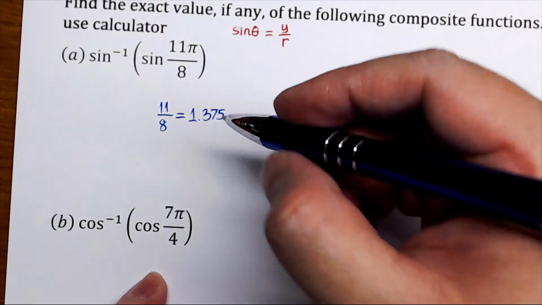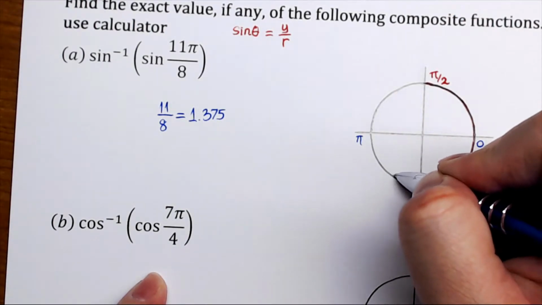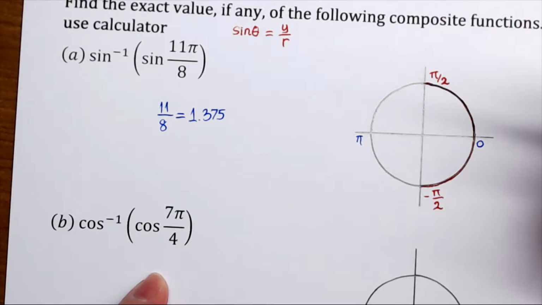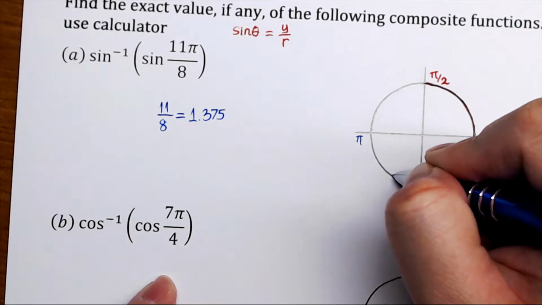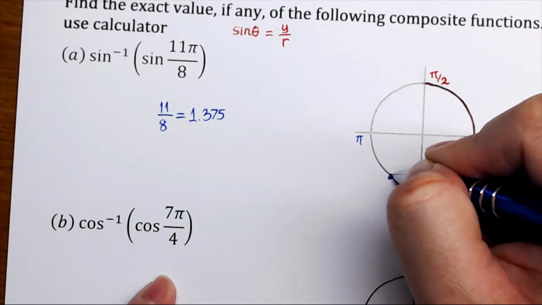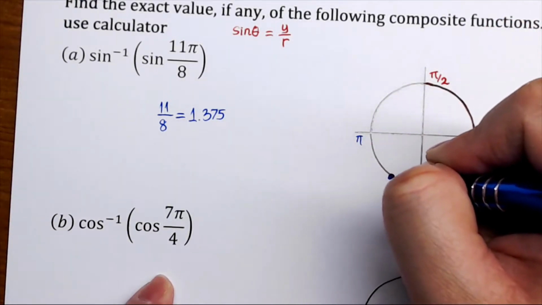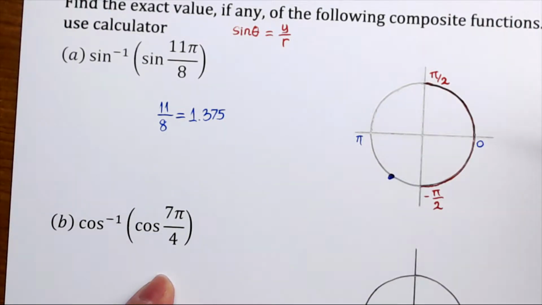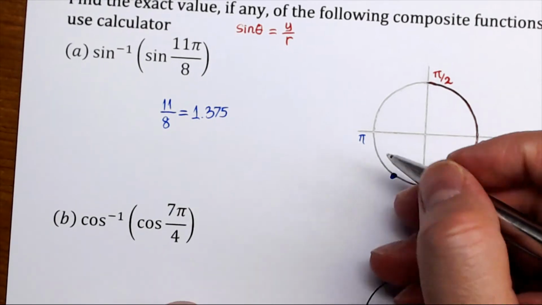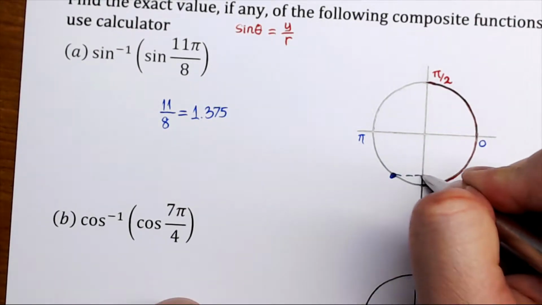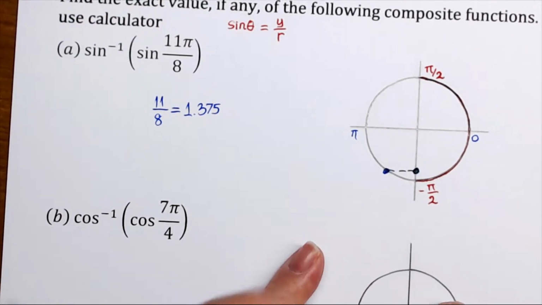Sine is y over r, negative 3 over 5. Cosine is x over r, negative 4 over 5. Tangent, this one is given. And the reciprocals of those: cosecant is r over y, 5 over negative 3, or negative 5 thirds.